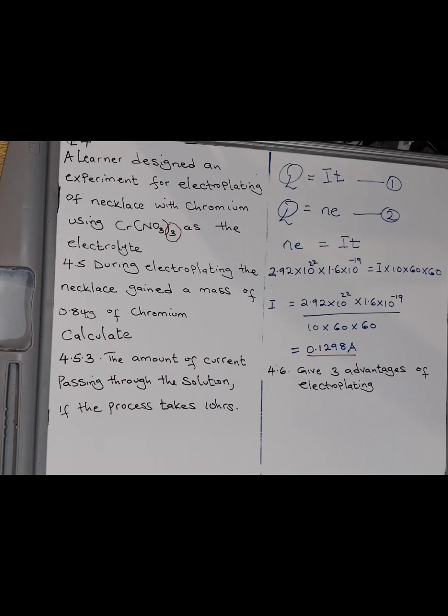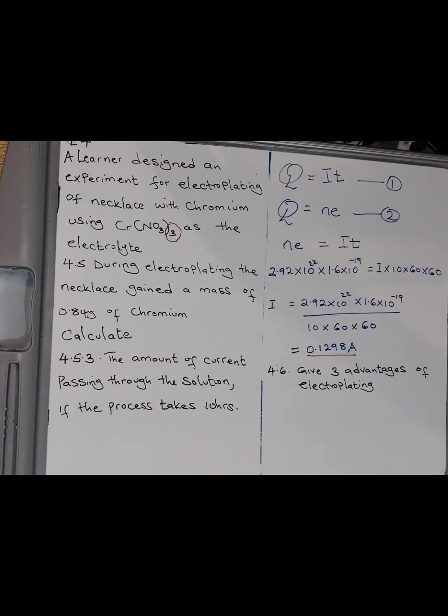First, to prevent rusting. Materials which have iron undergo atmospheric oxidation, changing color and losing strength. So we tend to cover such material with another metal which does not undergo rusting. So first, to prevent rusting.